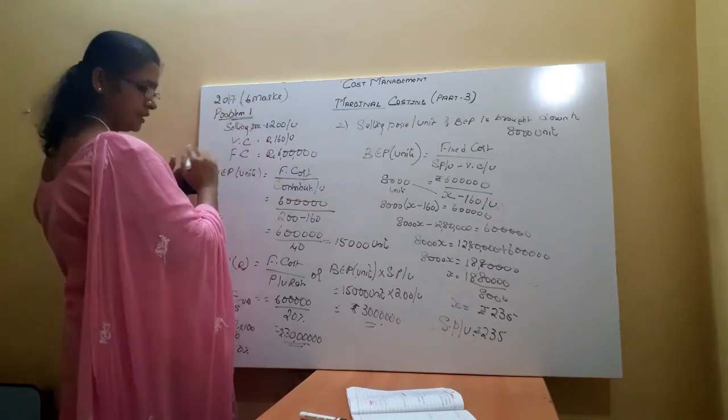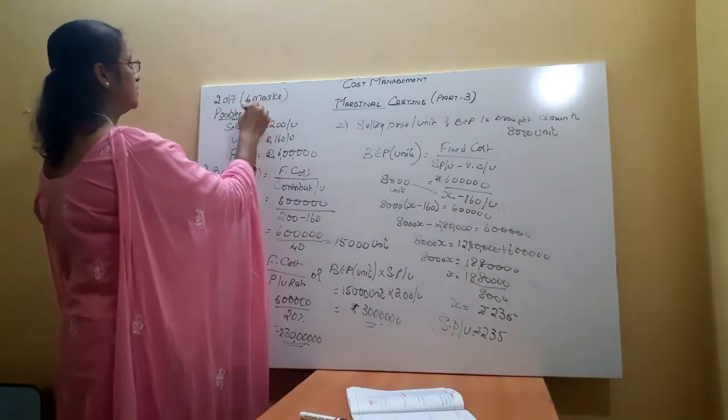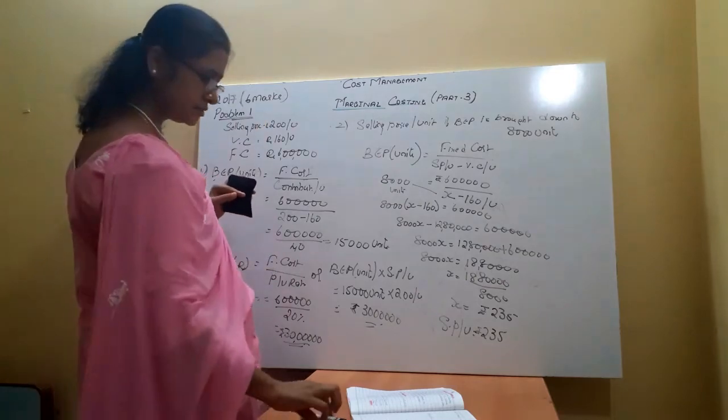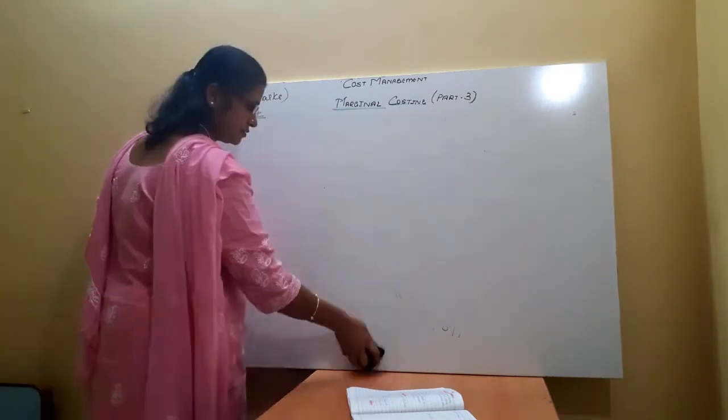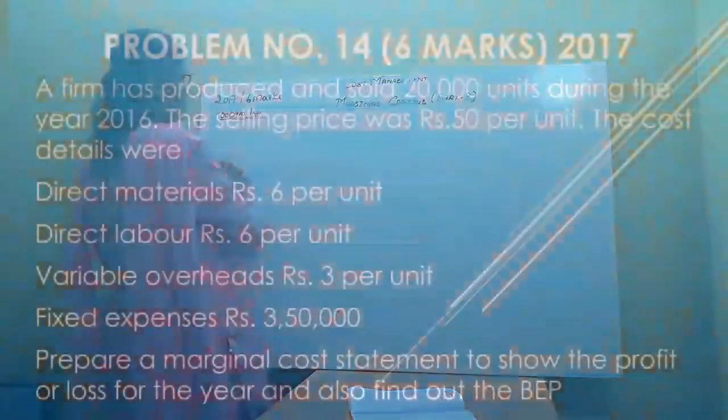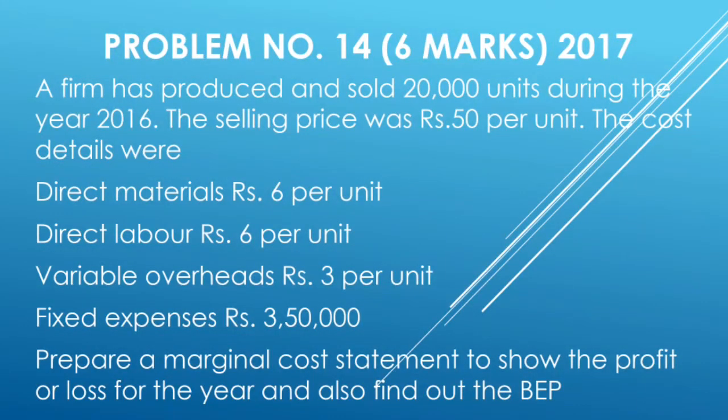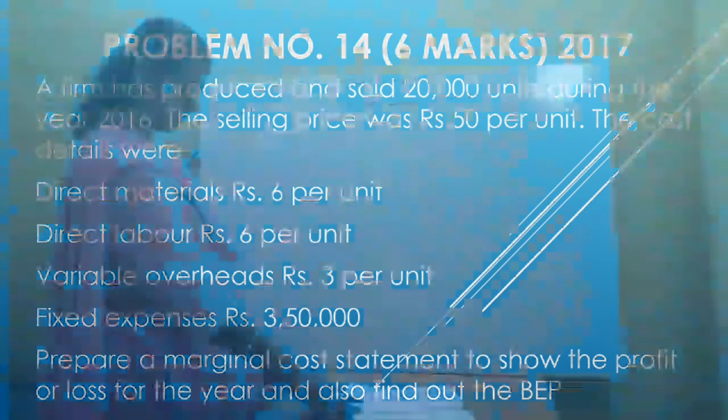Problem number 14, asked in the year 2017 for 6 marks. A firm has produced and sold 20,000 units during the year 2016. The selling price was rupees 50 per unit and the cost details are given as below.